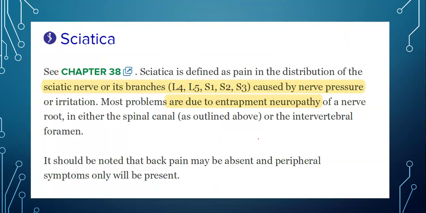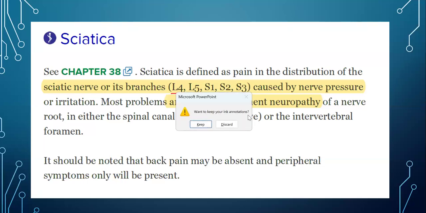Now that you have a basic idea about the dermatomes of the lower leg, let's discuss sciatica. The sciatic nerve comes from the lumbosacral plexus, and the root value is L4, L5, S1, S2, S3.